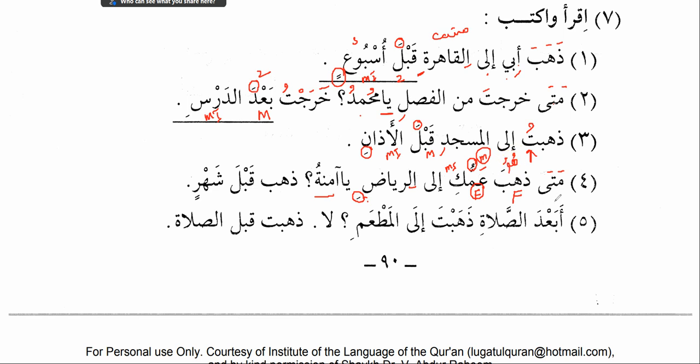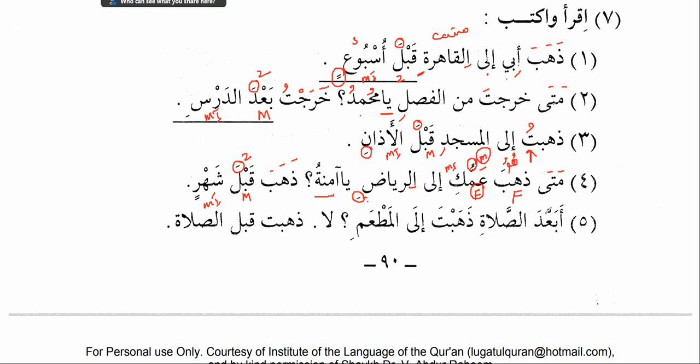So when you translate it, you will say, when did your uncle go, the ka is your. When did your uncle go to Riyadh, Ya Amina? ذهب قبل شهر. مضاف مضاف إليه, and this is ظرف زمان.